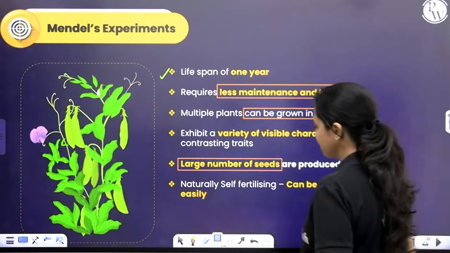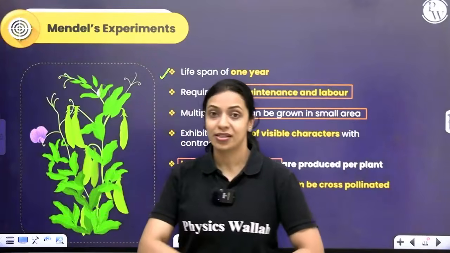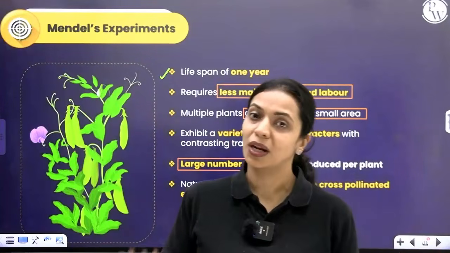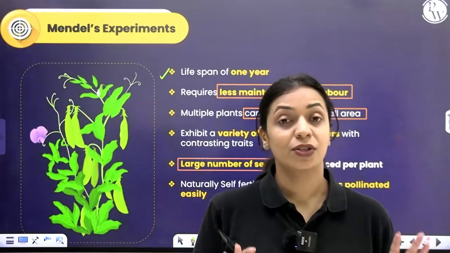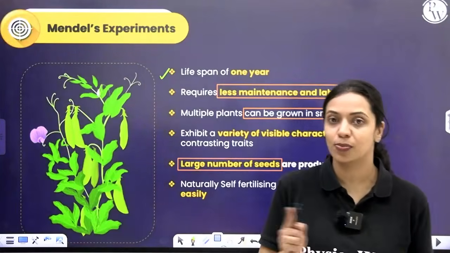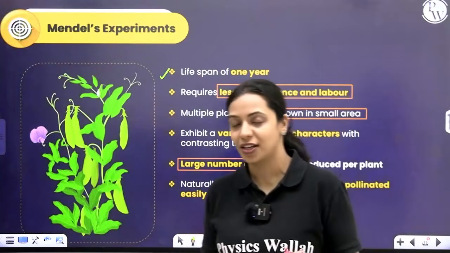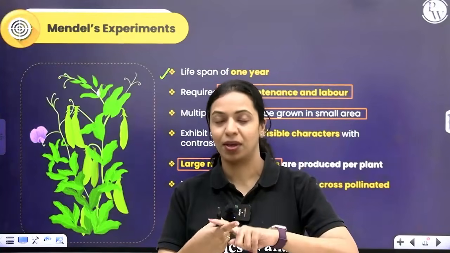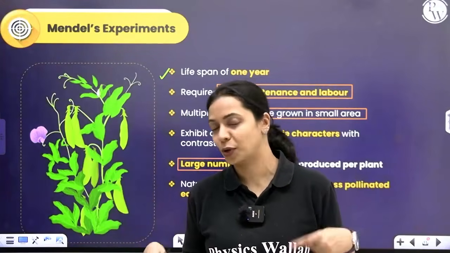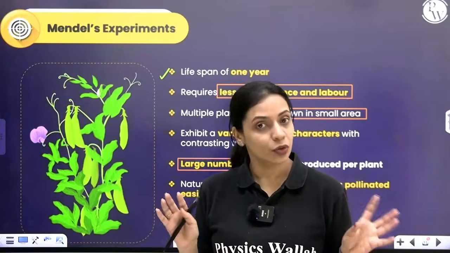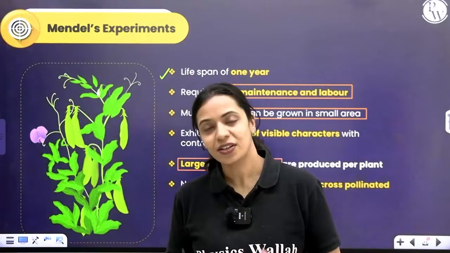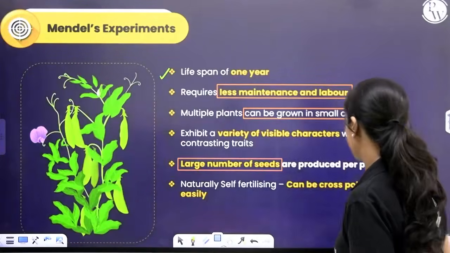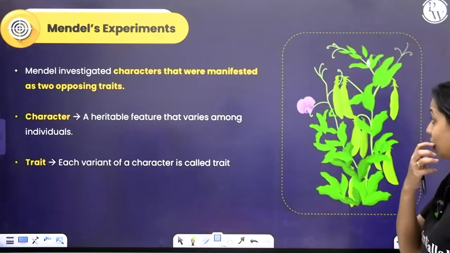And finally, if you allow these pea flowers as they are, don't disturb them at all, they will undergo self-pollination. But it's also very easy for us to cross-pollinate pea plants. When you're performing genetic experiments, of course, you will have to cross them. And sometimes you will have to allow them to undergo self-pollination. So both of them are easy here, not much of a hassle. Because of these characters, Mendel chose pea plant, okay, as his experimental organism.